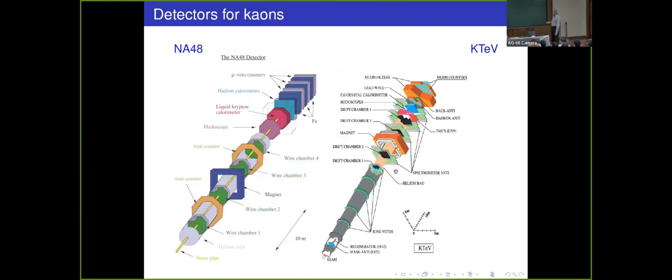So these are some of the first experiments, NA48 and KTeV. KTeV is the one where I actually worked during my first two years of graduate school. I worked on trying to develop the cesium iodide crystal calorimeter and the TRD for some time, which I think Daniel mentioned yesterday. So I was one of the first ones to polish the crystals that came to Chicago.